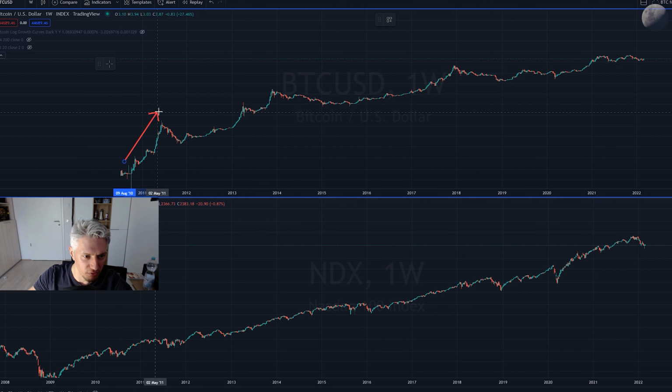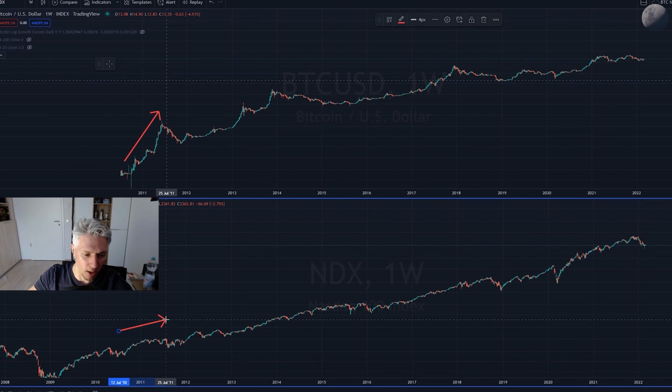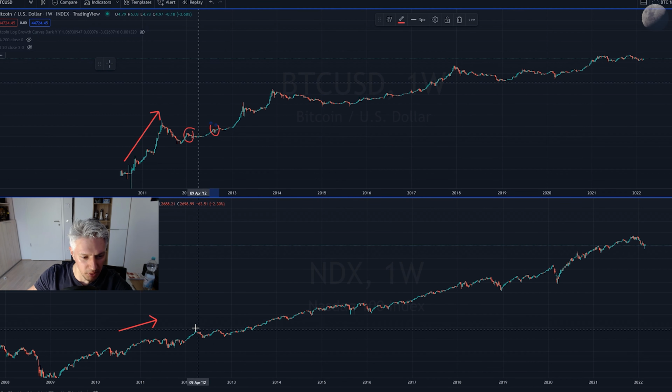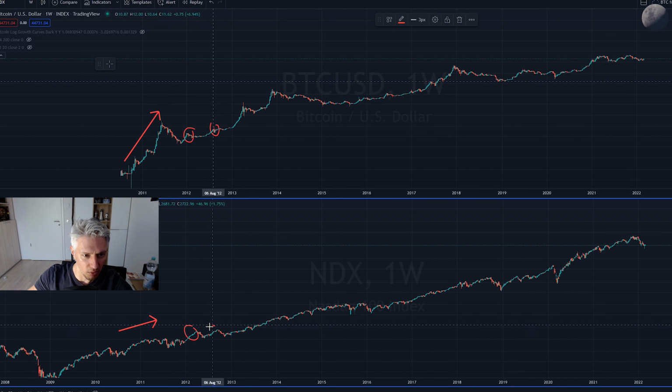So we have this first bull market here, right? And this coincides quite nicely with this bull market here with the Nasdaq. And then we had these two small peaks here, and it fascinatingly coincides with these two small peaks here in the Nasdaq. Quite fascinating, right?